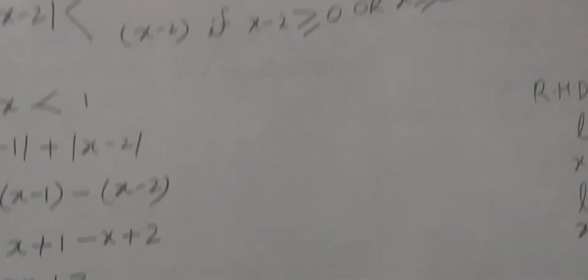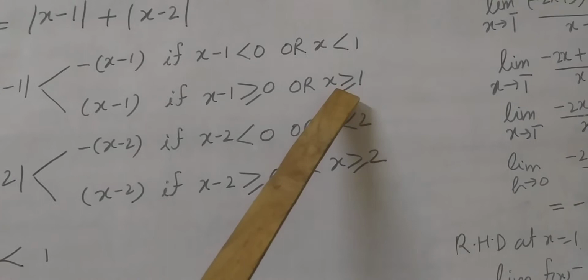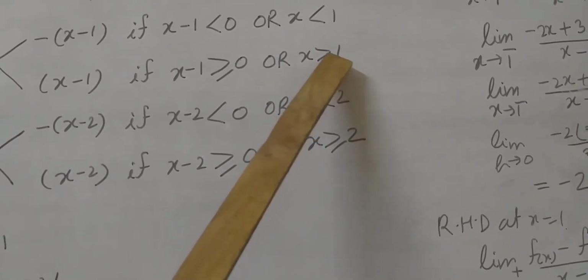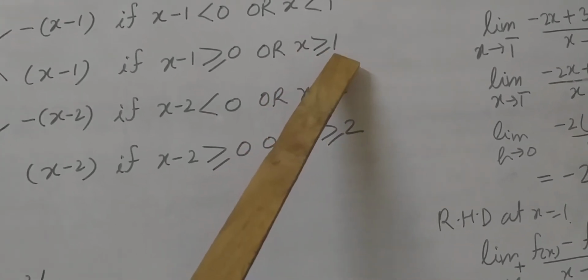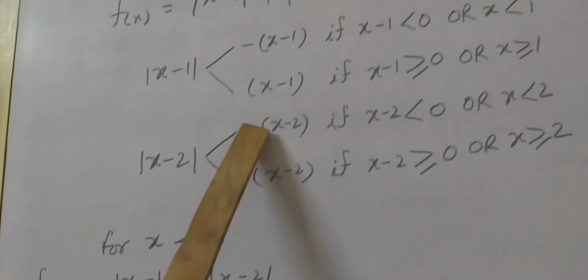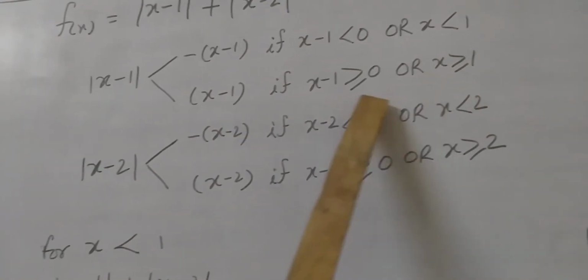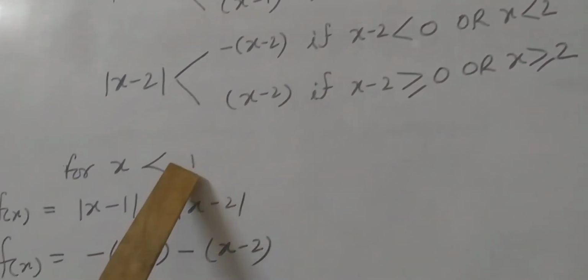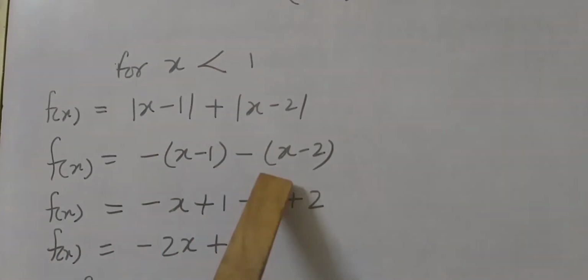Now we take x lying between 1 and 2, that is x ≥ 1 but x ≤ 2. For x ≥ 1, the value of x − 1 will be positive. For x < 2, x − 2 is negative.